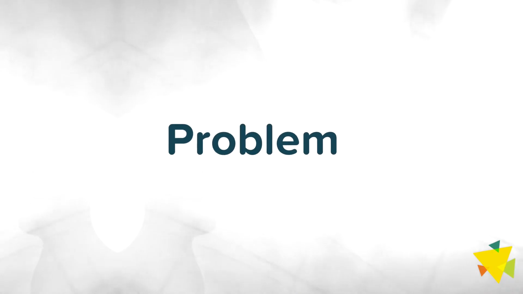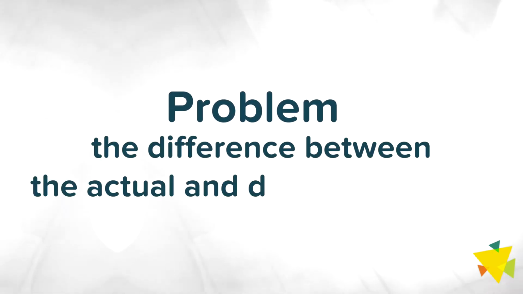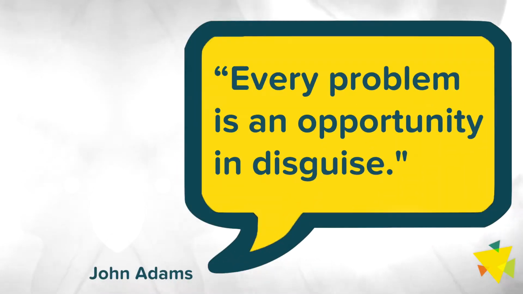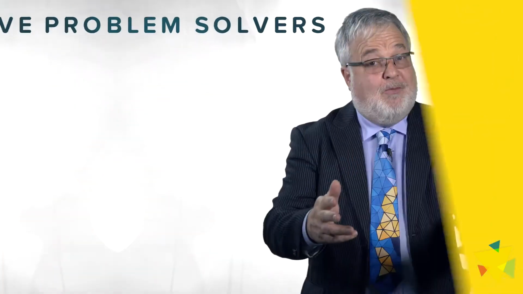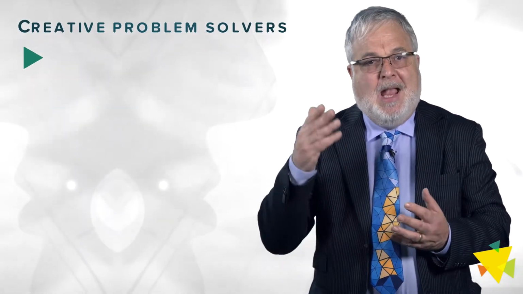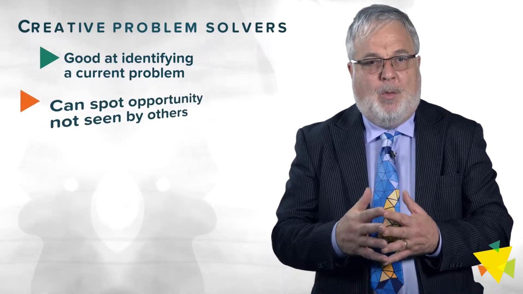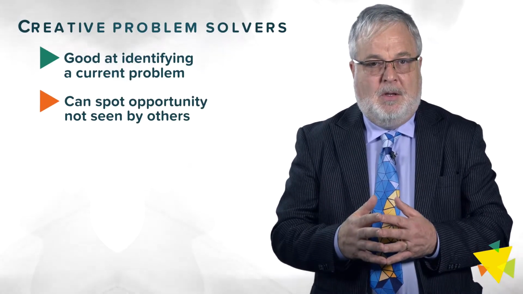Let's start by agreeing that a problem is the difference between the actual and the desired situations. Creative problem solvers are those that see a problem as an opportunity. In the words of John Adams, every problem is an opportunity in disguise. Creative problem solvers are good at either identifying a current problem or seeing a new and novel opportunity not seen by others.